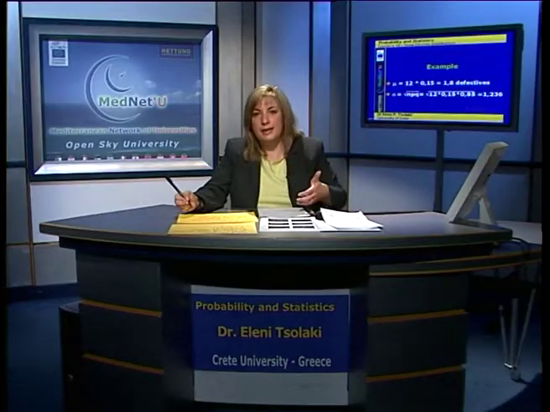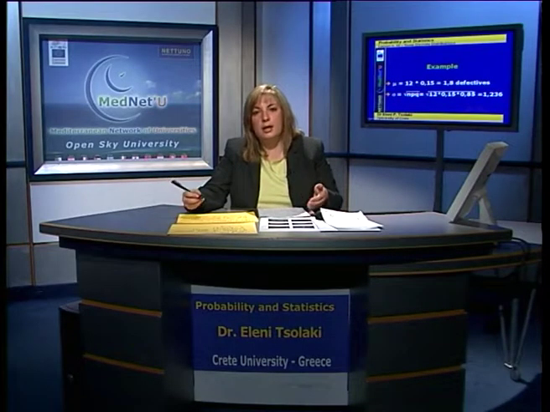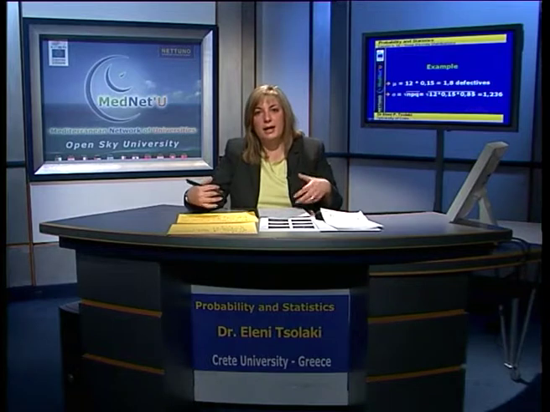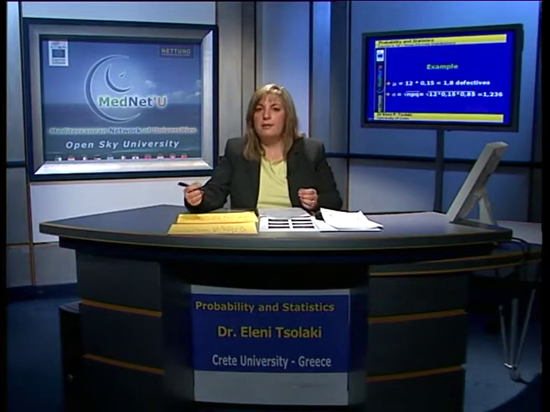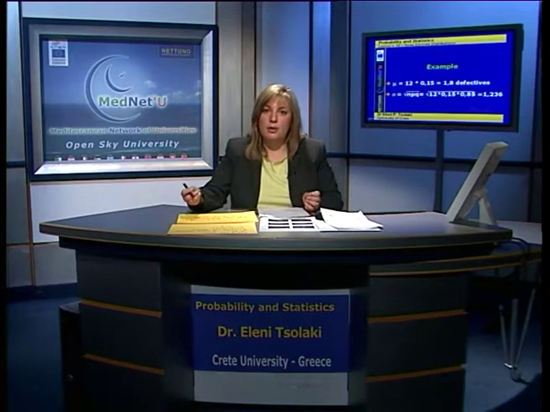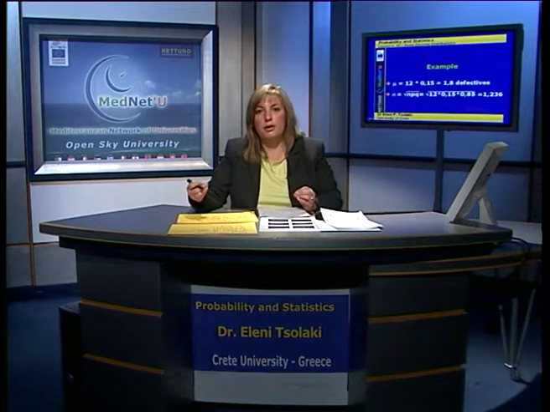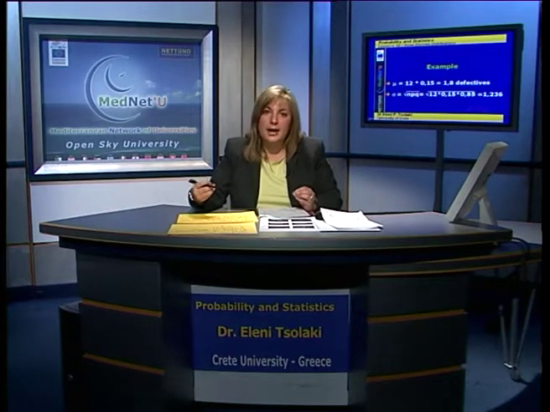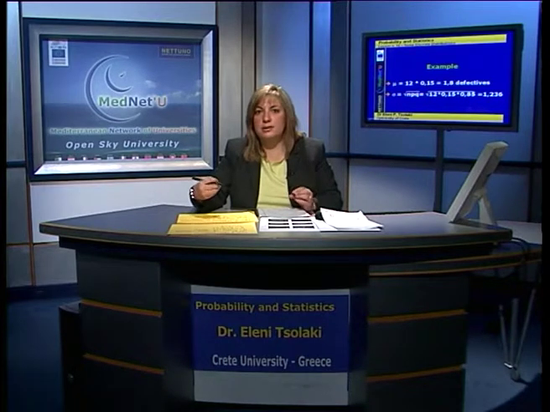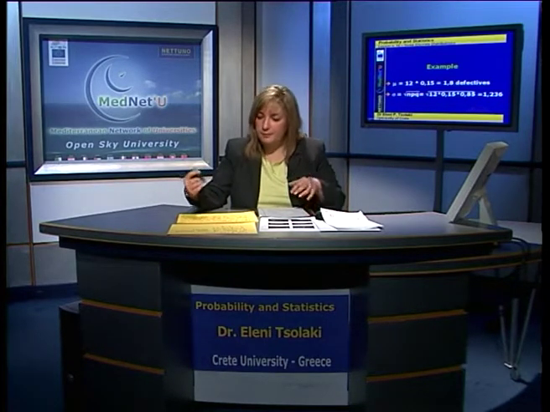So success for us will be if we observe a tail. Although we are given the probability of observing a head, we are going to translate it to the probability of observing a tail, as that's what we are interested in. That's what's going to be our success.